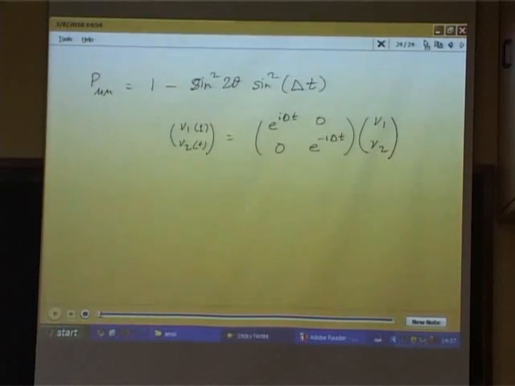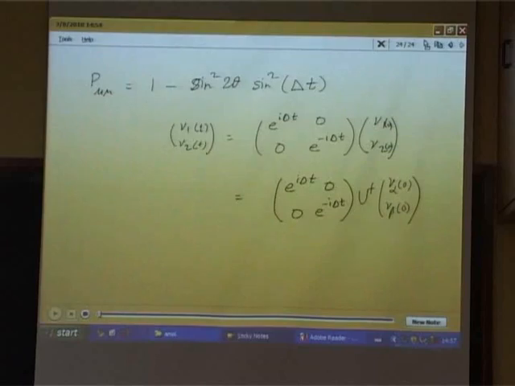Now I know that nu1, nu2 is U dagger times nu alpha, nu beta. So I write this as U dagger times nu alpha at 0, nu beta at 0. This remains the same, times the diagonal matrix with e power i delta t and e power minus i delta t. This is equal to, again, nu1 at t, nu2 at t, which is U dagger times nu alpha at t, nu beta at t.